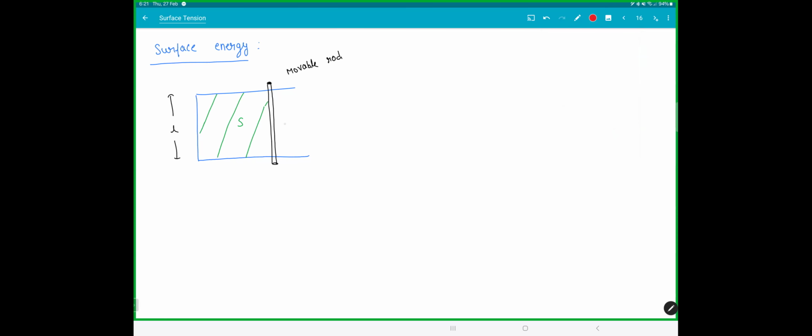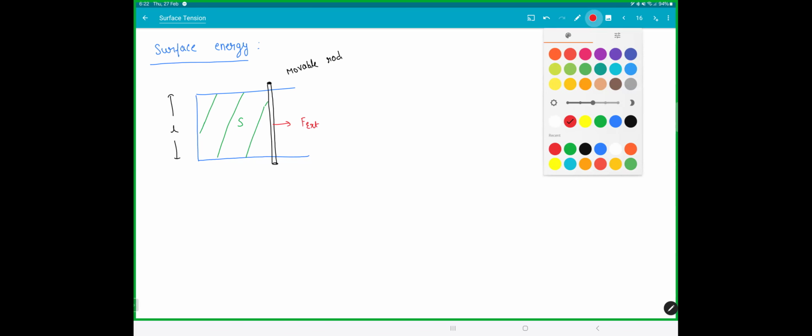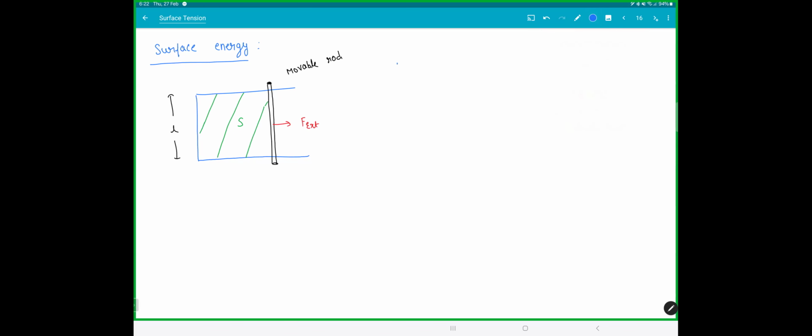So now what you do, apply an external force and slowly drag the rod. Now remember, the surface is trying to compress slowly by X. So you need to actually apply a force.